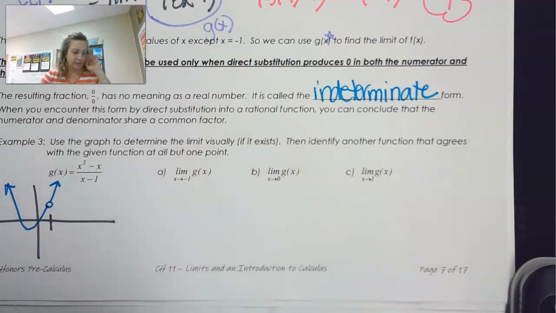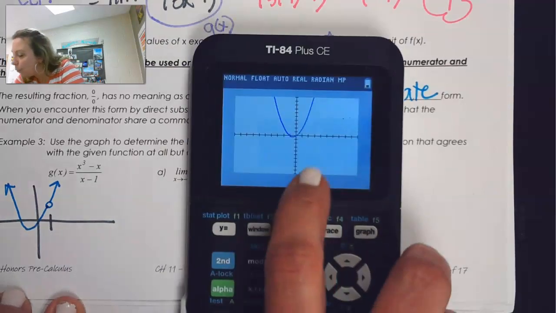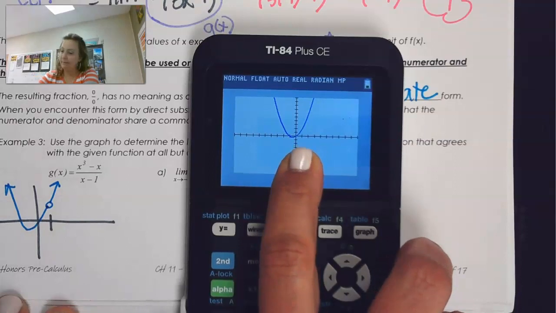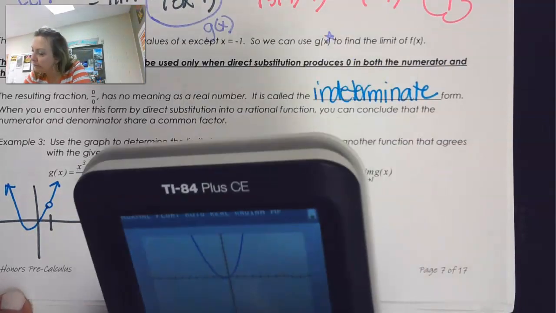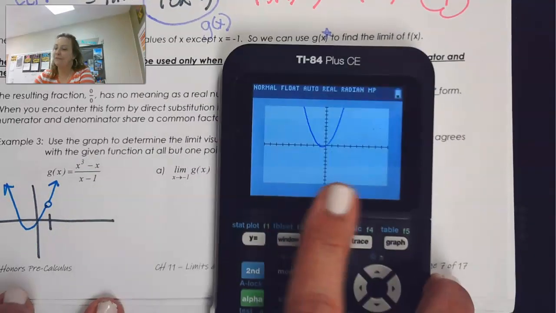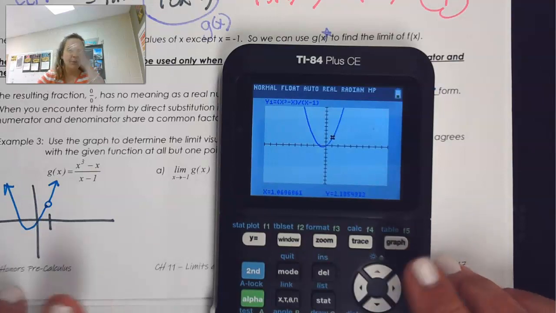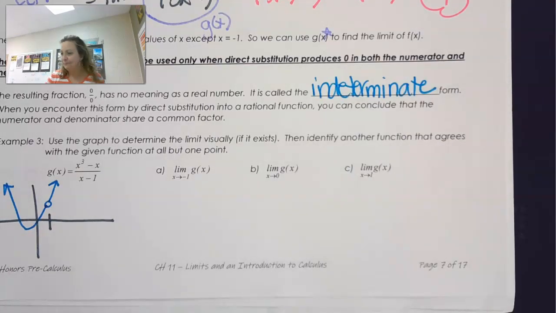We can look at that in the graphing calculator. It looks like this is at about 1-ish, maybe 2. Hard to see. If we trace the function, we can see that as it gets closer and closer to 1, maybe it's 2. So graphically, we can say that.